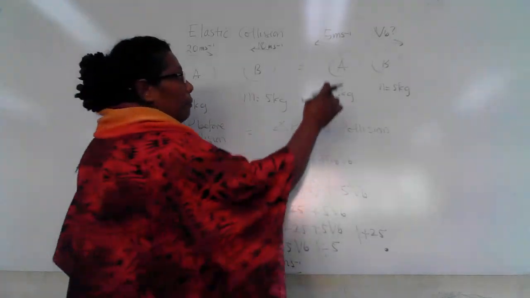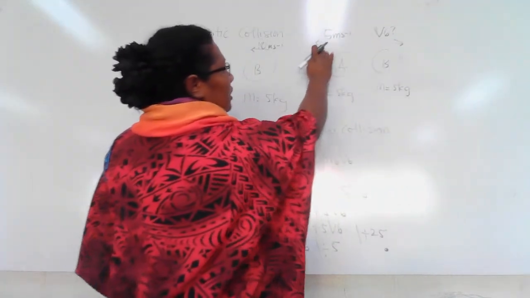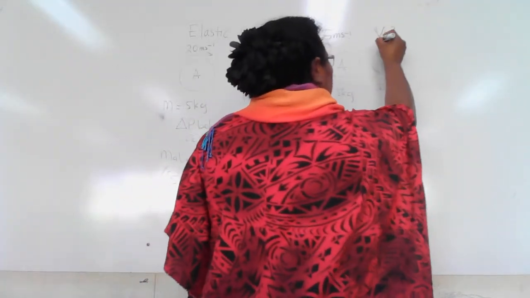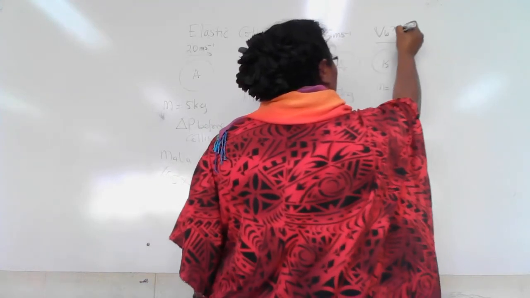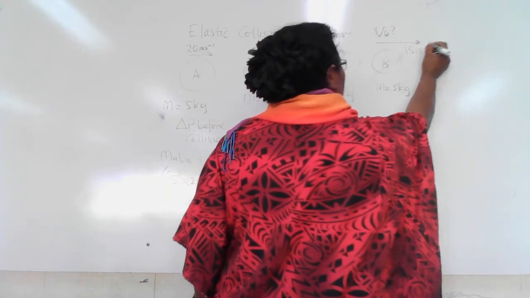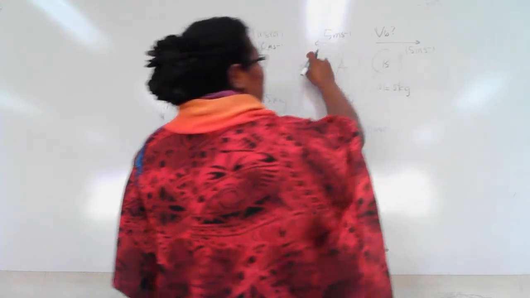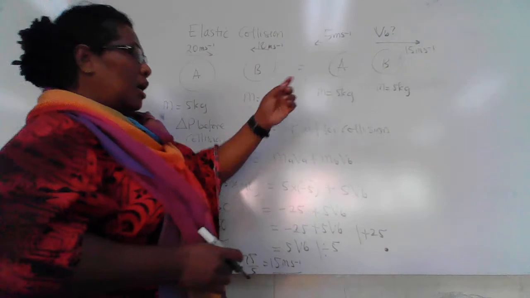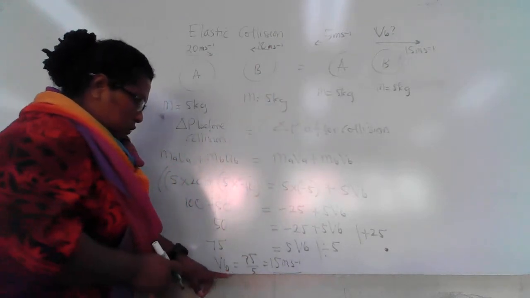So come back here, note that this is 5 meters per second, VB is 15, and so the length of the arrow must also indicate that it is traveling faster than object A. So now we have solved for this.